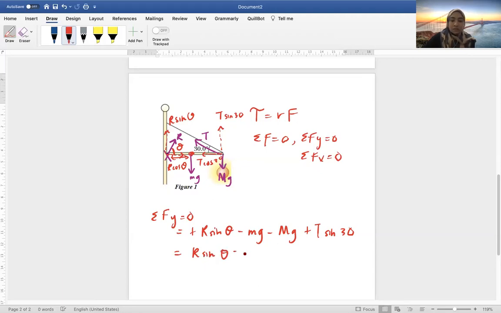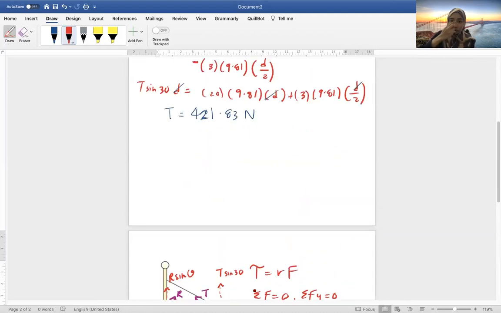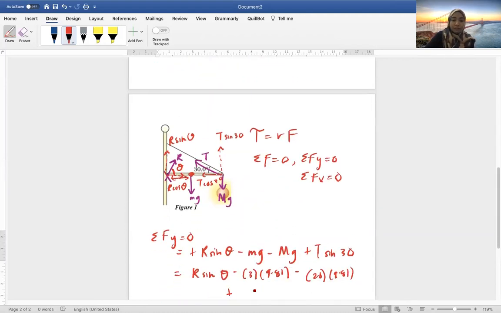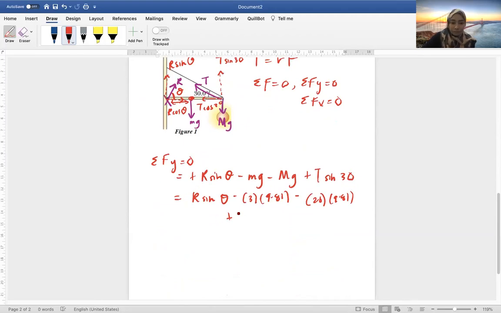Okay, minus 3 times 9.81, minus 20 times 9.81, plus T, which was 421.83, times sine 30. Okay, so I can solve for R sine theta, which is something. Let me calculate that really quickly.